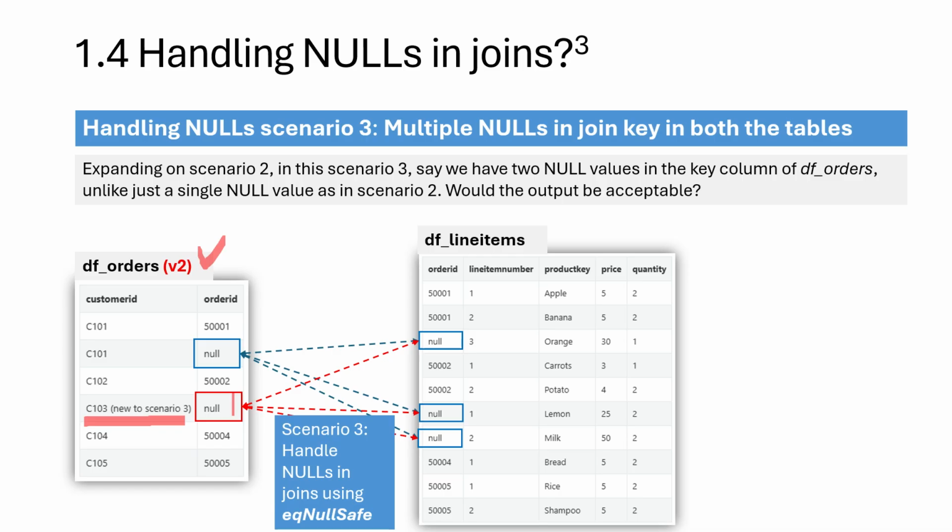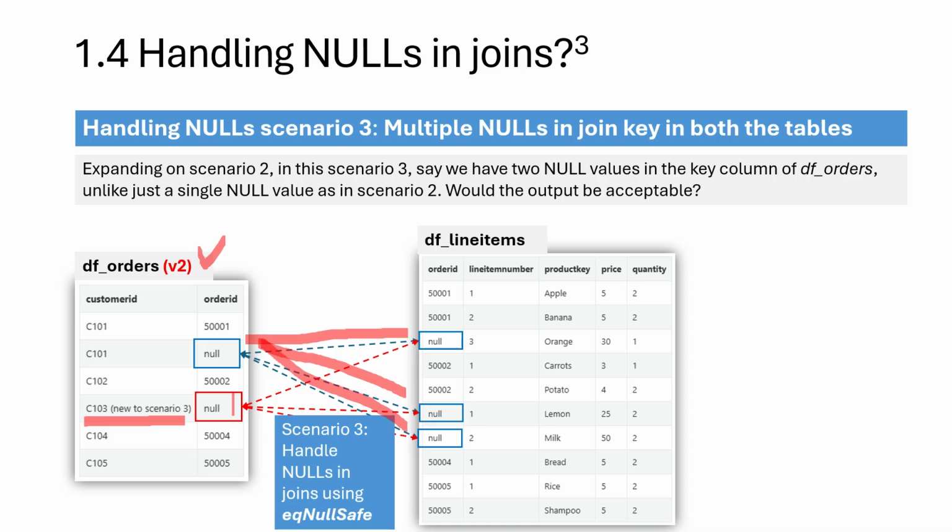And given that we are changing the default behavior, even in this scenario, these two records will get joined to the same three records in the line items table. That is, the first of these two records that had null in the join column will get joined to these three records in the line item table.